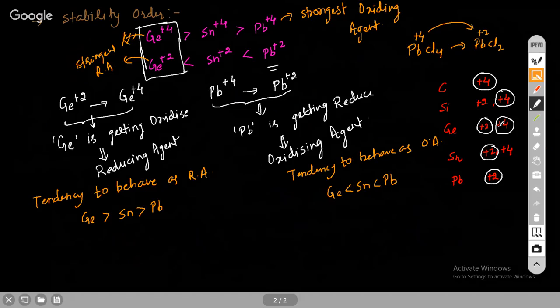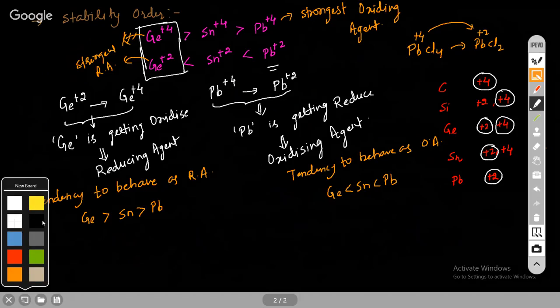Okay. Next, write down what about the covalent radius, the trend of covalent radii. So that's the same thing as we go down the group.